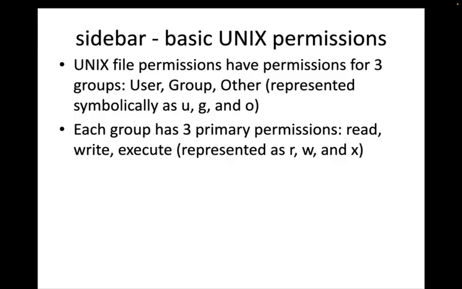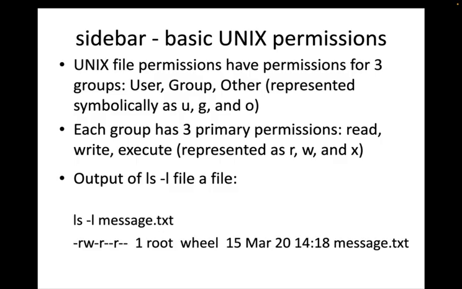They're represented as R, W, and X. So if we look at the output of ls -l, which is a long listing for the current directory, I get this. So I want to concentrate on the first 10 characters on the output here: the dash, RW dash, R dash dash, R dash dash.